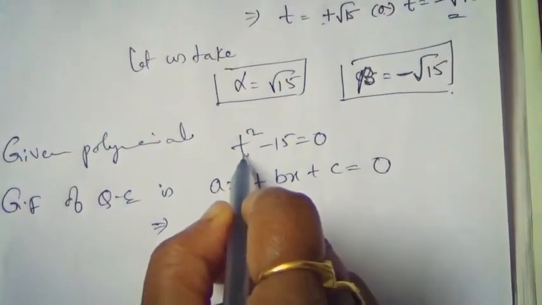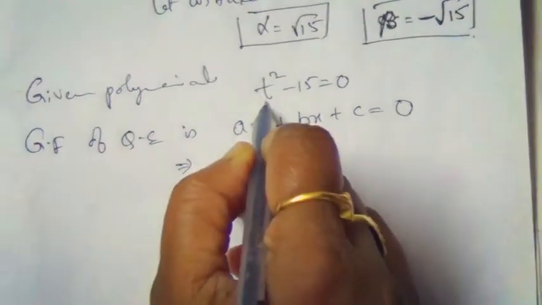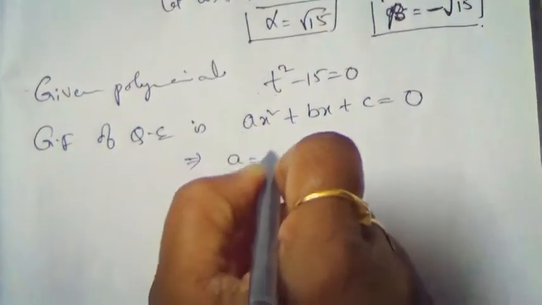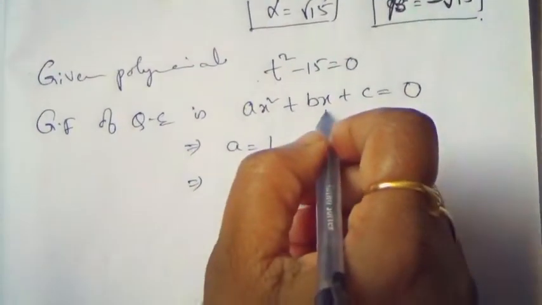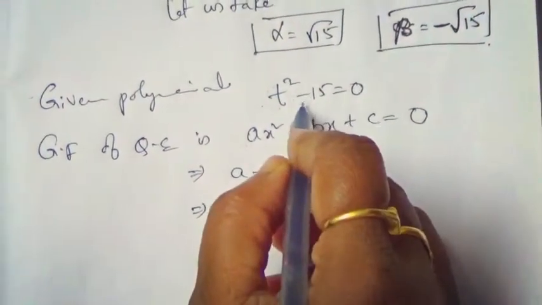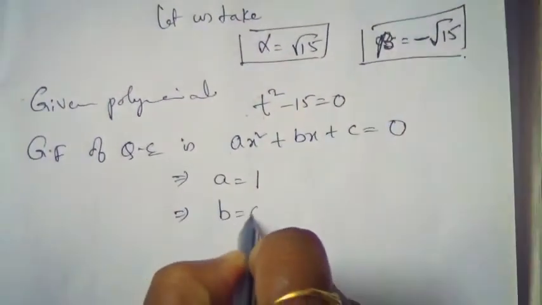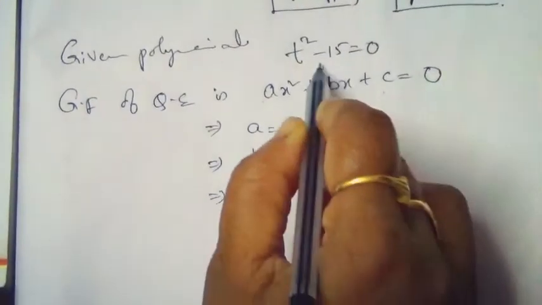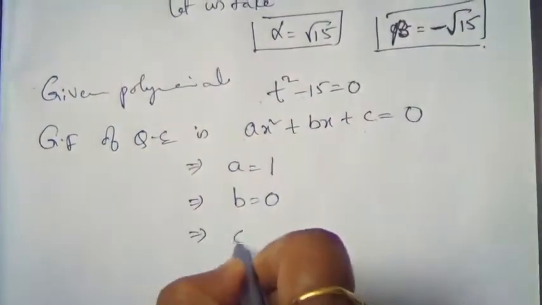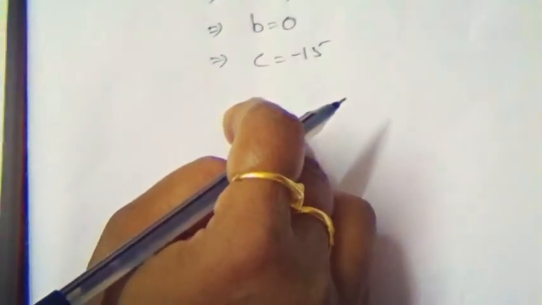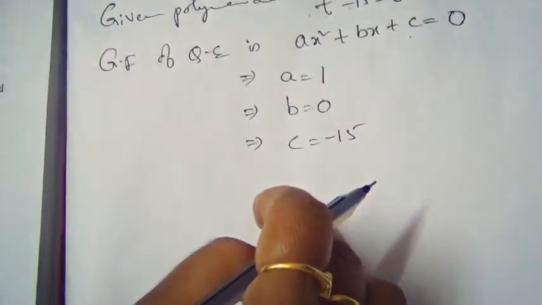The x square coefficient is a, the t square coefficient is 1, so a is equal to 1. The x coefficient is b. Here is any t coefficient there? No. Then b is equal to 0. What is the constant term in this equation? C is equal to minus 15. Just like that you have to take the values of a, b, c.